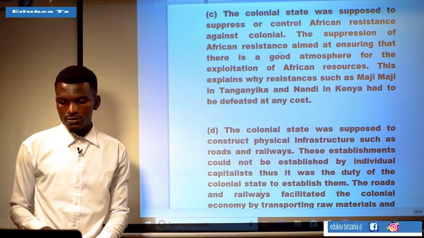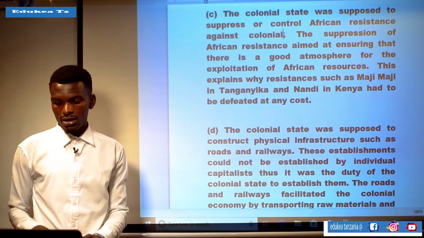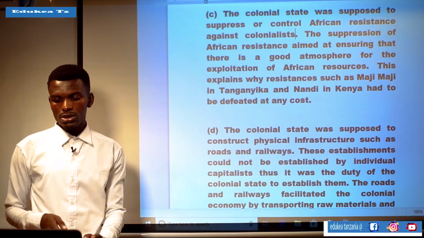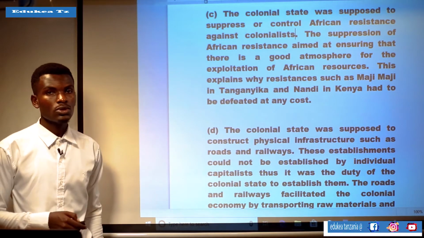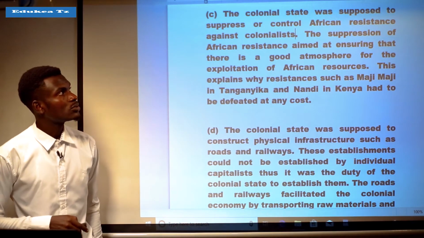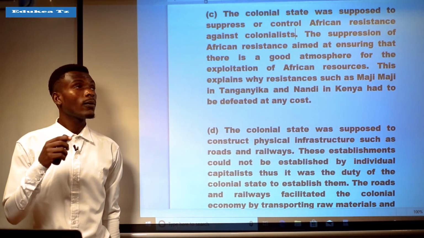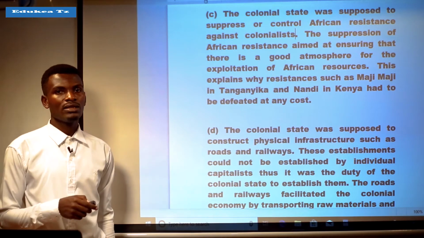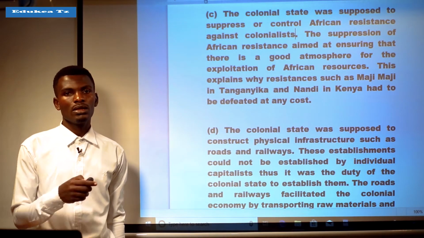It means that another objective was that the colonial state was established to suppress all African resistance which could happen in the colony.